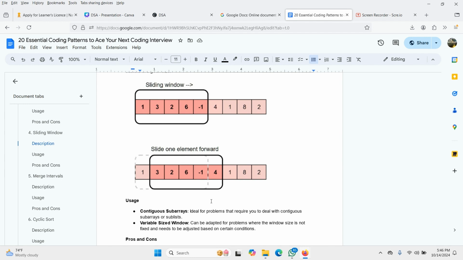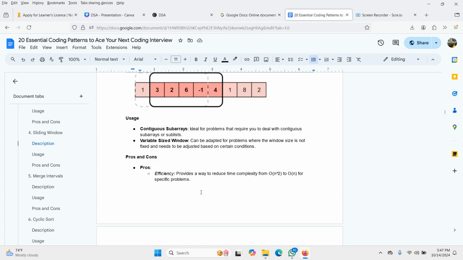The first use is contiguous subarrays, meaning it is ideal for problems that deal with a contiguous subarray or sublist. Next, the variable size window: it can be adapted for problems where the window size is not fixed and needs to be adjusted based on certain conditions.